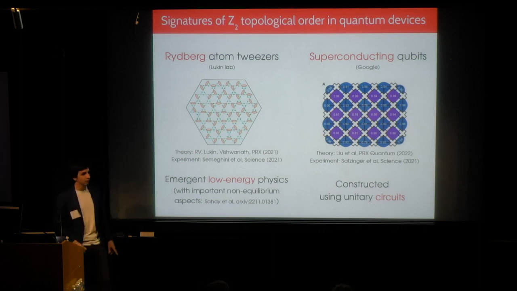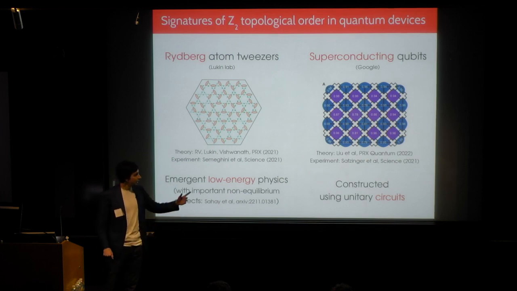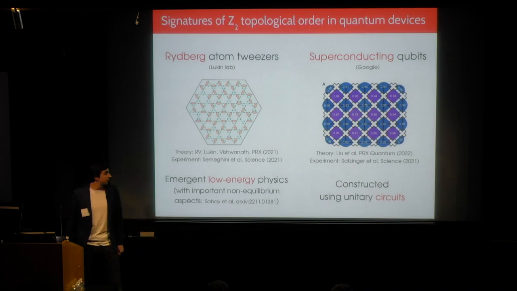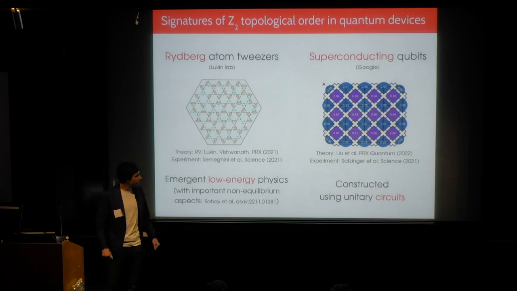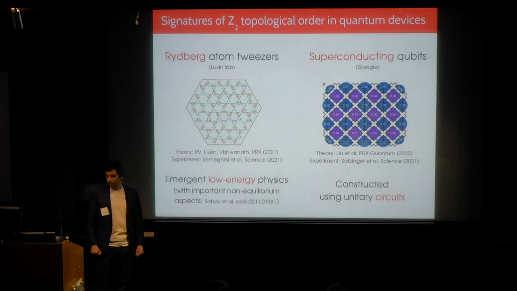An alternative is the more digital approach, where you try to build these interesting entangled states, like the toric code wave function, by using unitary gates, here on a superconducting qubit processor from Google. So these are complementary approaches that can be used to try to create these entangled states.